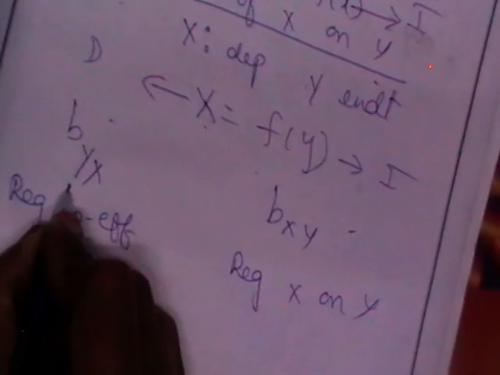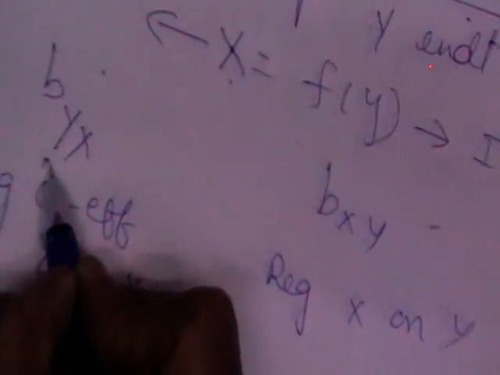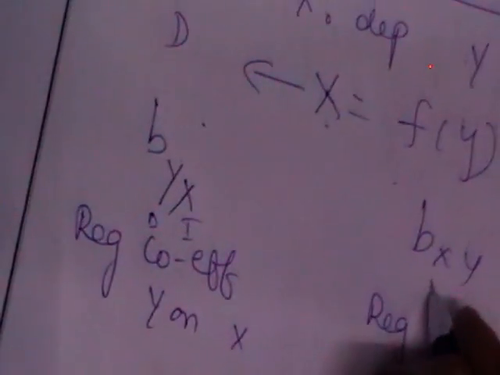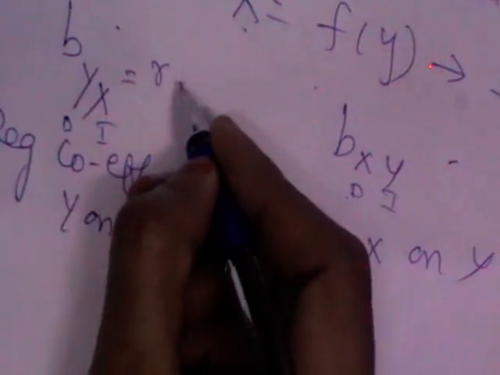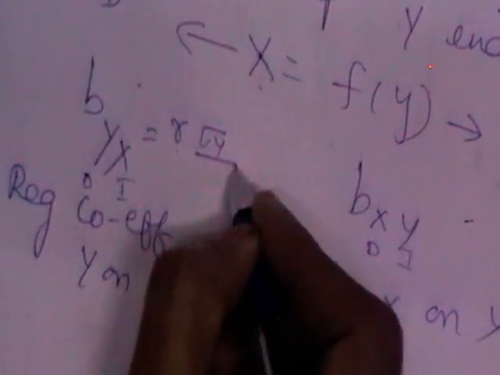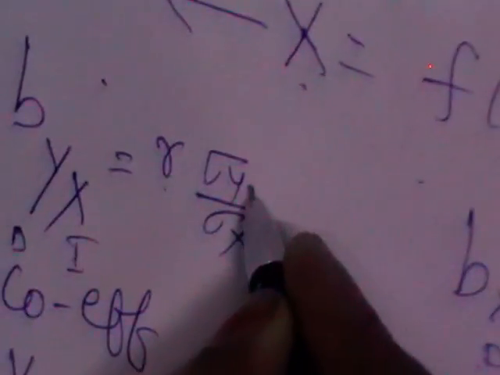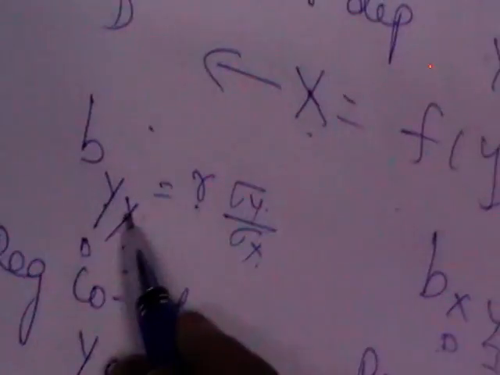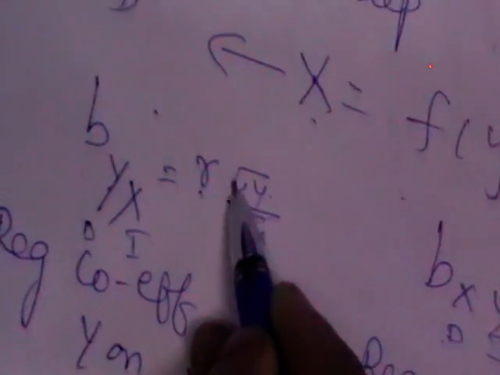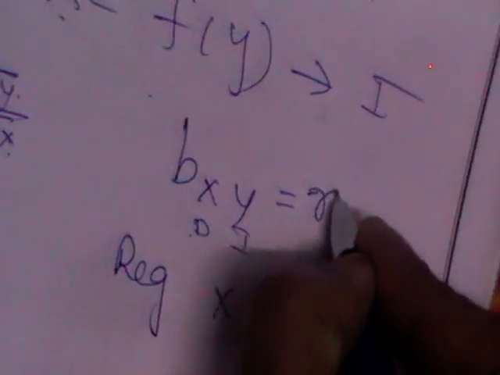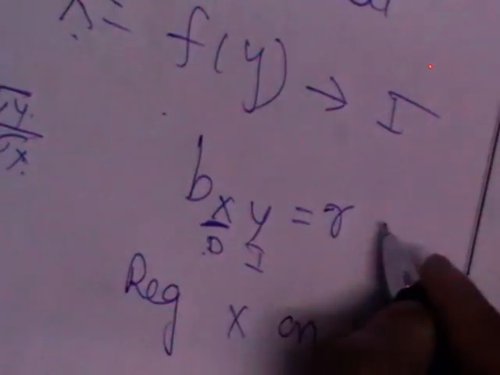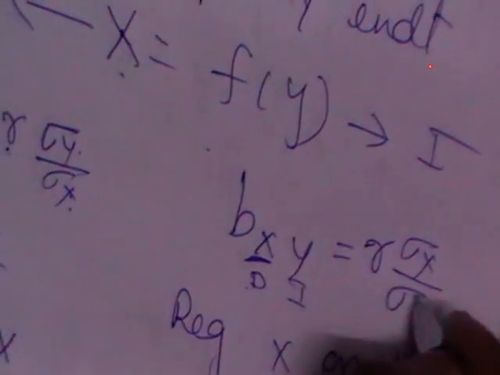The formula for byx is r into sigma y by sigma x, the standard deviation of y by the standard deviation of x, where r is the correlation coefficient. As you have y on x, sigma y is in the numerator and sigma x in the denominator. For bxy it is r into sigma x by sigma y.